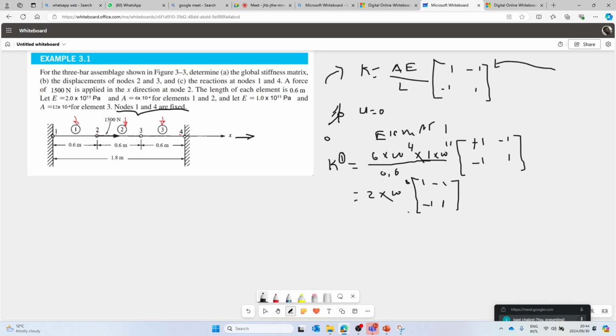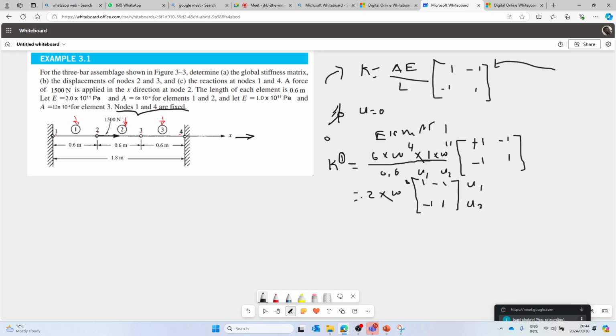Now, if you guys remember, there is a method where you expand each matrix by 4, but that one actually takes time. We're going to expand it this time because it's our first example. Let's call this one U1, this one U2, this one U1, this one U2.